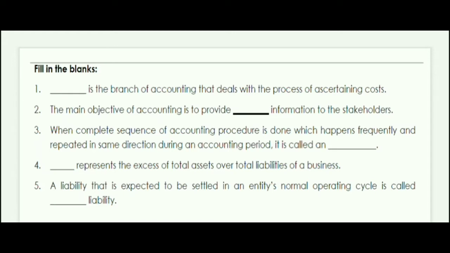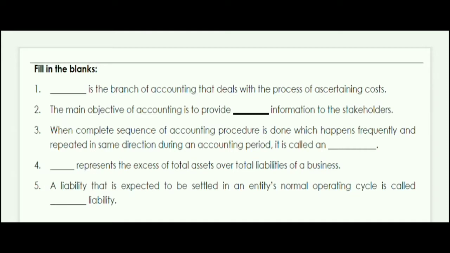The answer is cost accounting. So cost accounting is the answer of the first question: cost accounting is the branch of accounting that deals with the process of ascertaining cost.